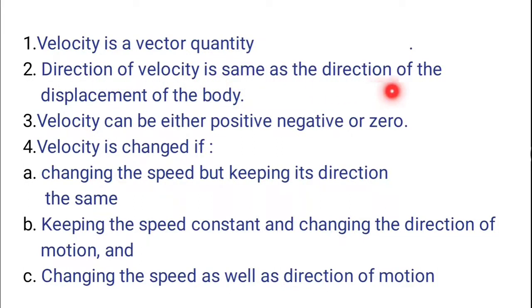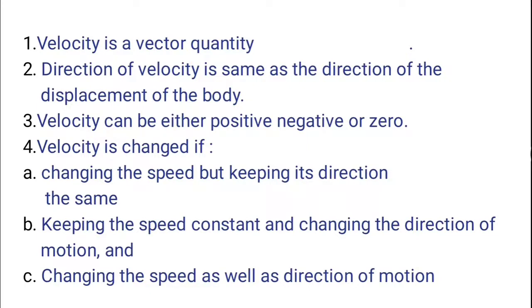The direction of velocity is the same as the direction of displacement of the body. Now we know that velocity is the displacement per unit time, and displacement can be positive, negative or even zero. So velocity depending on displacement is also positive, negative and zero.